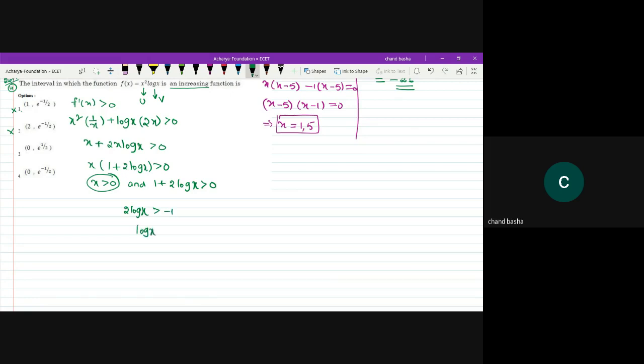Log x is greater than minus 1 by 2. x is greater than e power minus 1 by 2. When we apply the exponential to the base on both sides, e and log cancel, and you will get e power minus 1 by 2. So the interval is 0 comma e power minus 1 by 2. That is option 4, which will give the correct answer for this question.